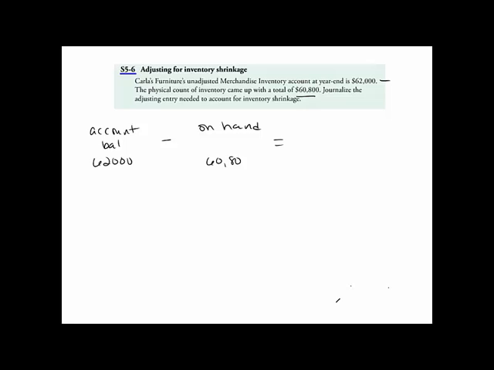So the difference here, the amount to be adjusted, is $1,200. So the journal entry to do that is just a debit to cost of goods sold for $1,200 and a credit to merchandise inventory for $1,200. And then that's the only extra adjusting entry that we'll need.